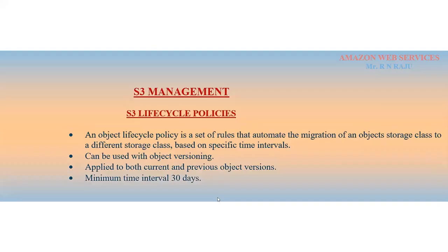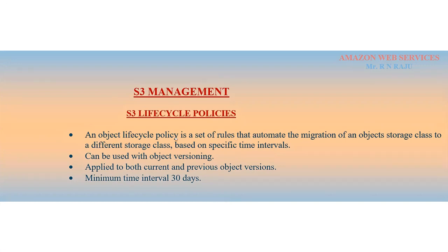Now we are going to discuss S3 management. Under S3 management, two important topics are S3 lifecycle policies and S3 cross-region replication. These two are very important, especially for interviews and in real time. First, S3 lifecycle policies.